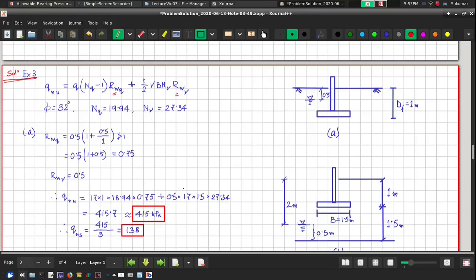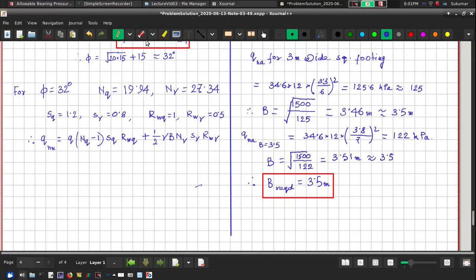NQ was 19.94 from our earlier result, and N gamma is 27.34, and therefore let us find out what is the value of QNU. Okay, so now for phi equal to 32 degree, from the earlier problem, based on linear interpolation between local and general shear failure, we have got NQ equal to 19.94 and N gamma equal to 27.34.